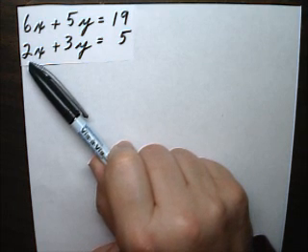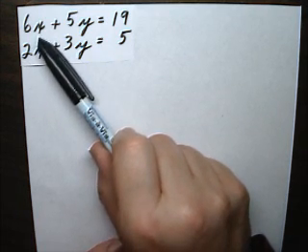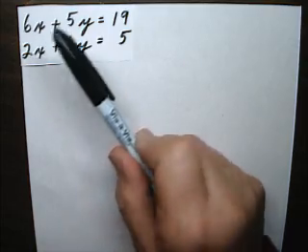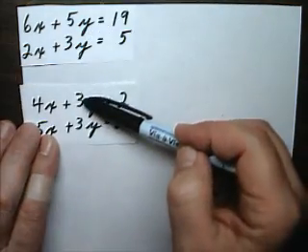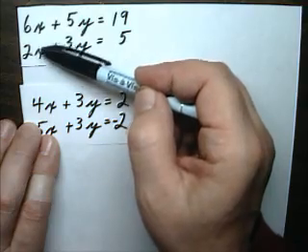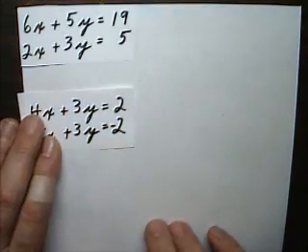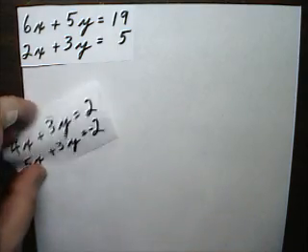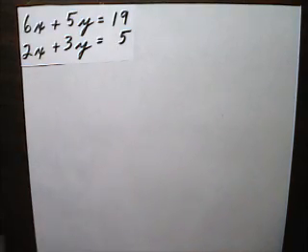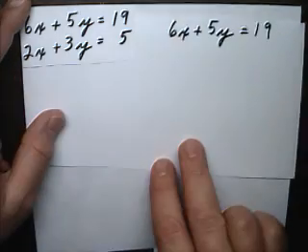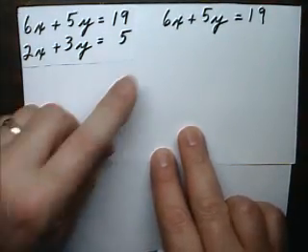If I multiply 2x times 3, that's 6x. And that gets it very similar to this. See, then if I multiplied this by 3, then both of the x's would be 6x. And that would work. So I'm going to leave the first equation alone, and I've recopied it.